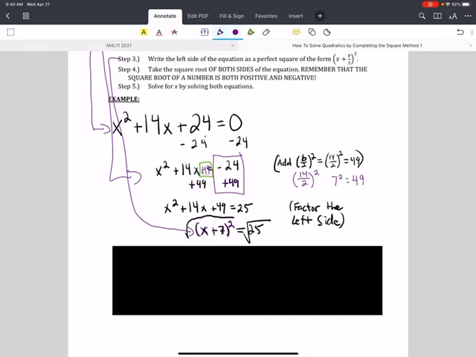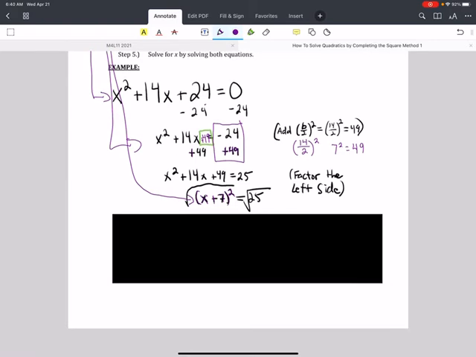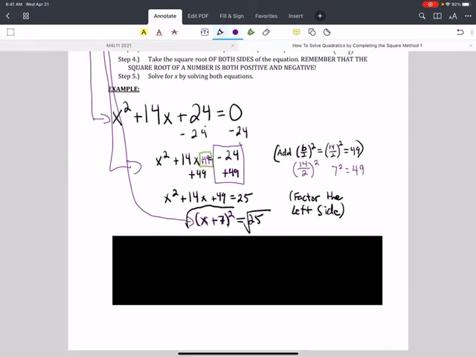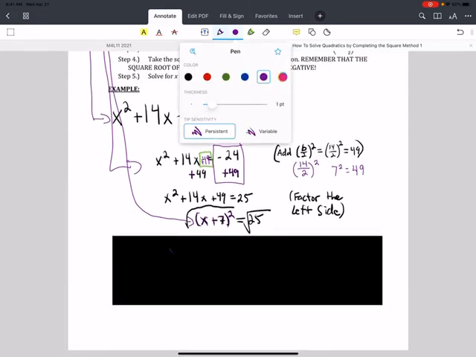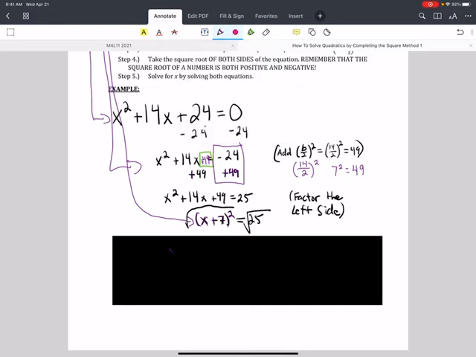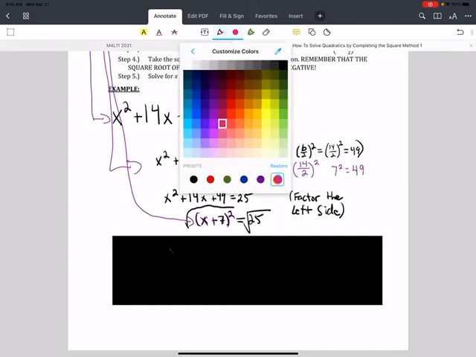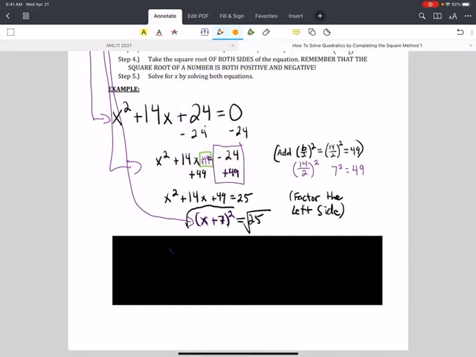Step 4, take the square root of both sides. So guys, Monday we stopped here. We just rewrote it. Well, today we're actually solving. We have this x plus 7 squared equals 25.